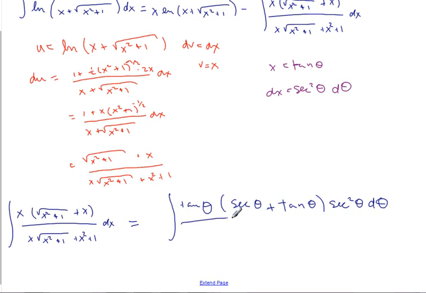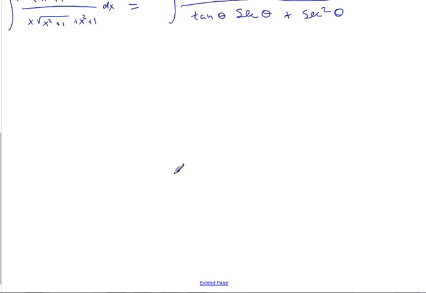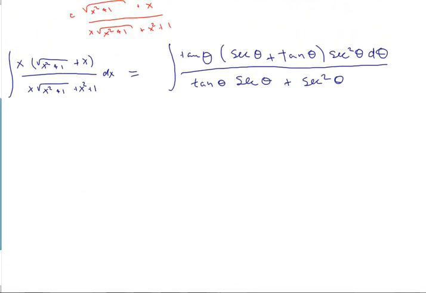All over, what kind of mess do I have down here? I have tangent theta secant theta plus tangent squared theta plus 1 is secant squared theta, right? So that's the secant squared theta. Okay, so right off the bat, I see I can cancel the secant if that's at all helpful. Oh, look at what else I can do if I factor out that secant when I cancel a secant.